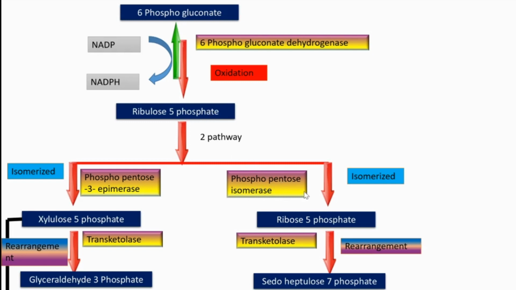This is the enzyme helping with isomerization. Isomerase gives an isomer of this intermediate. And what is formed? Ribose 5-phosphate. From ribulose, ribose 5-phosphate is formed upon isomerization with the help of phosphopentose isomerase.